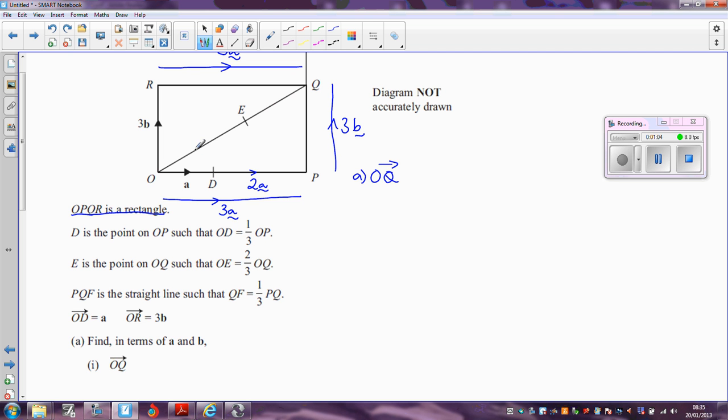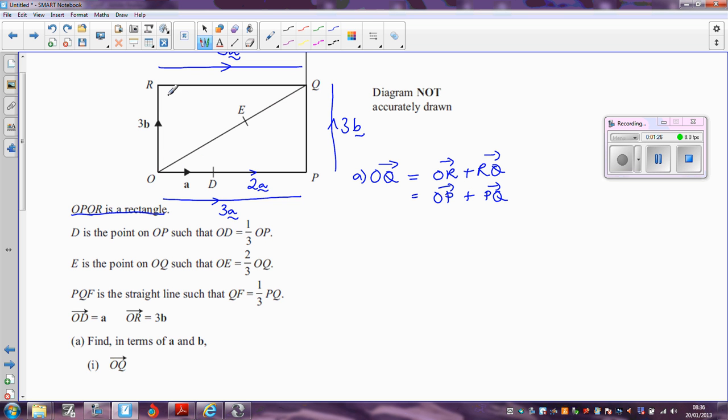So the vector OQ, well, I can see that to get from O to Q, I could go from O to R first, and then I could go from R to Q. I could also go from O to P and then go from P to Q. It actually doesn't make any difference.